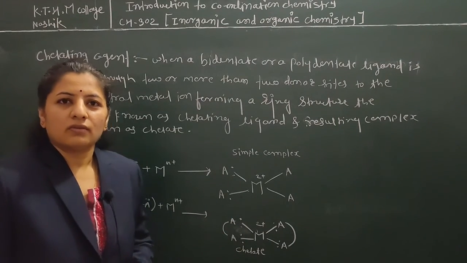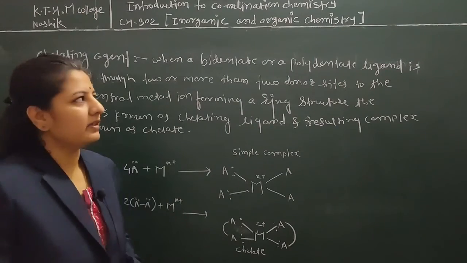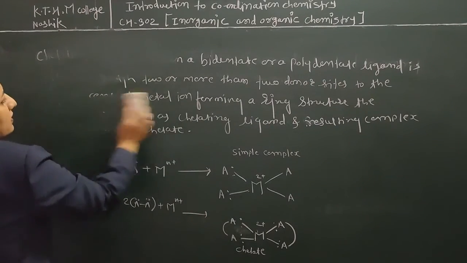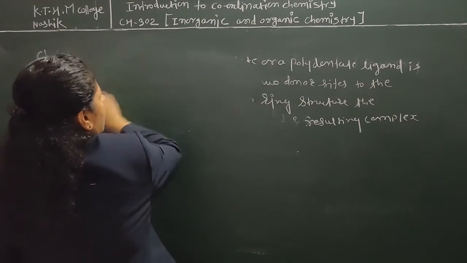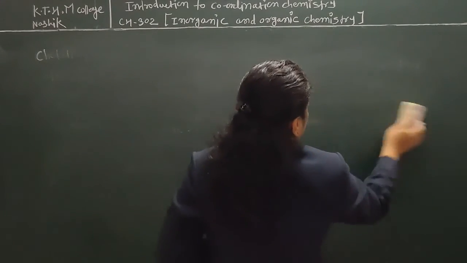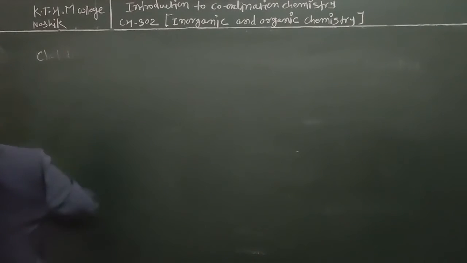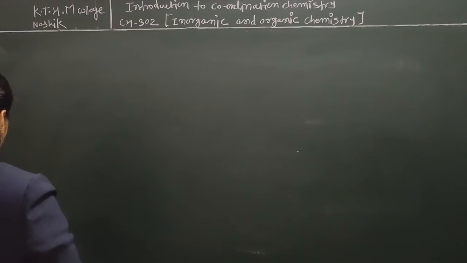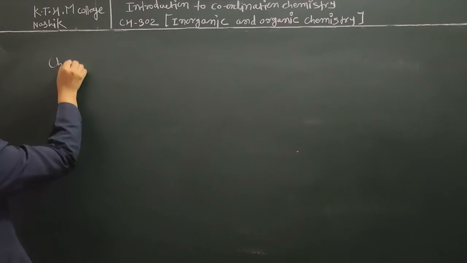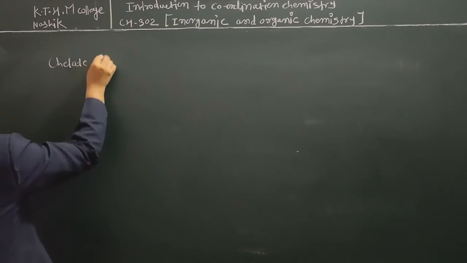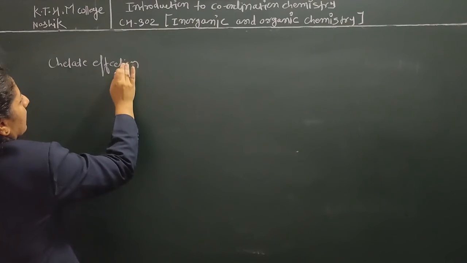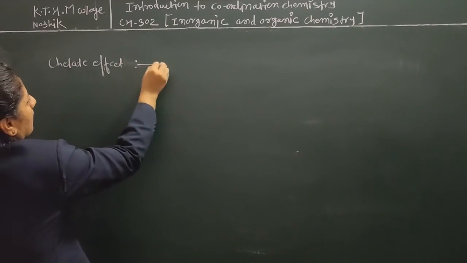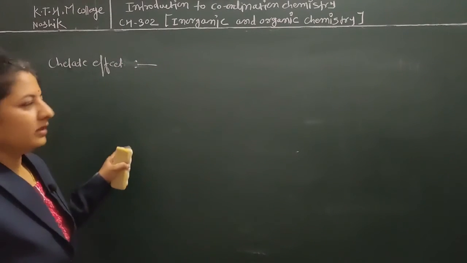So what is meant by the chelate effect? Let's discuss it. The chelate effect is about the formation of a ring, as we know, and this ring is formed by the chelating agent.